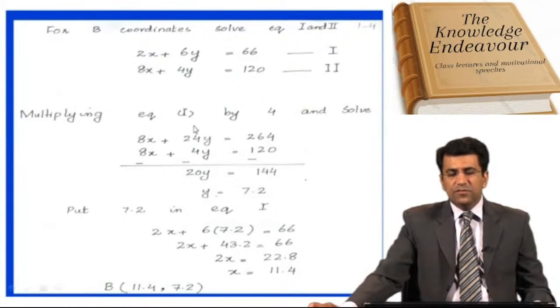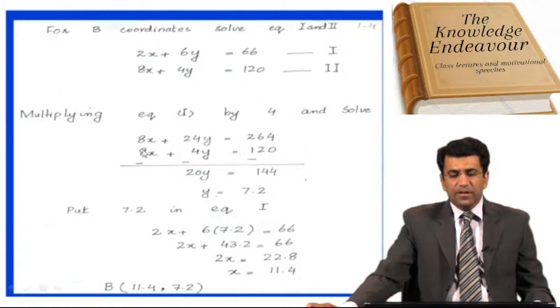So in this case, we will multiply equation 1 by 4, and then we get equation 1 as 8x plus 24y is equal to 264. The second equation will remain the same, that is 8x plus 4y is equal to 120. Now why did we multiply this equation by 4? In order to have equal coefficients for both of these equations.